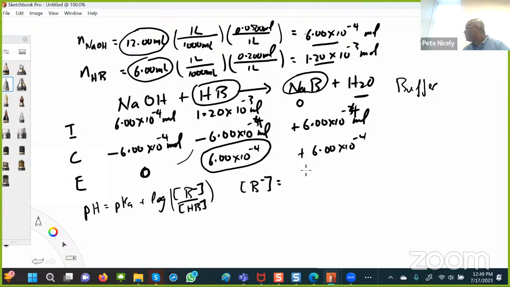I don't think that's right anyway. How do you get the concentration of B minus? The concentration of B minus will be equal to the moles of B minus divided by the volume of the solution.